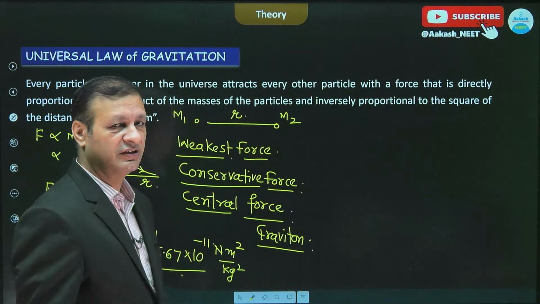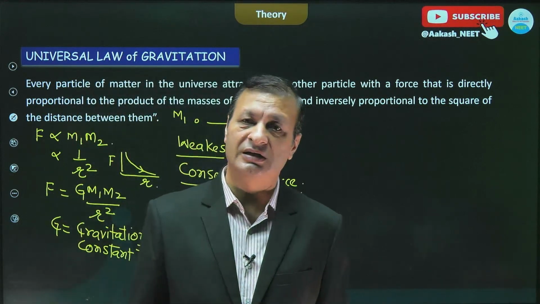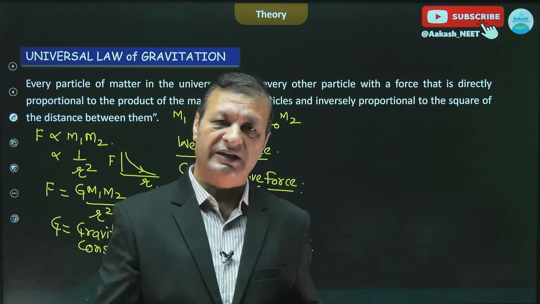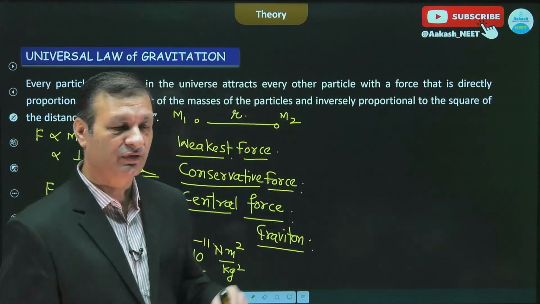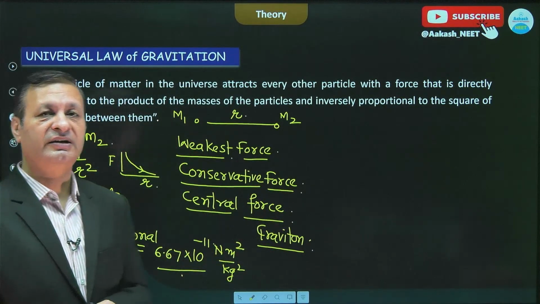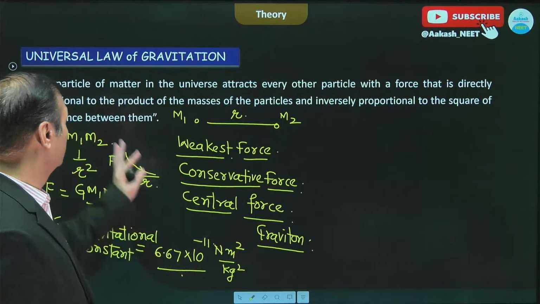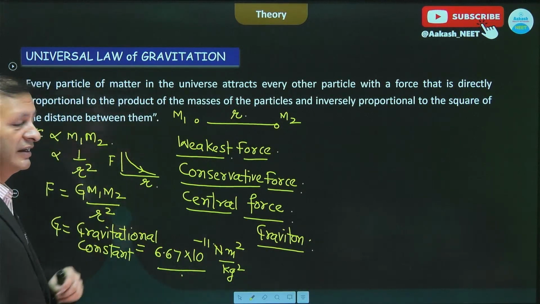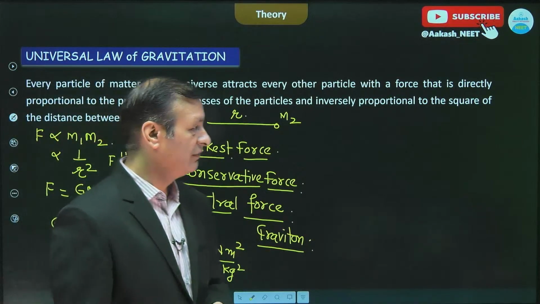So graviton is that proposed hypothetical particle that is getting exchanged between these two masses whenever they are interacting. So these are the few basic characteristics of this basic force, that is force of gravitation.